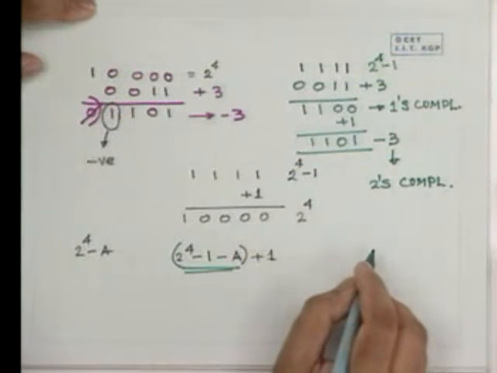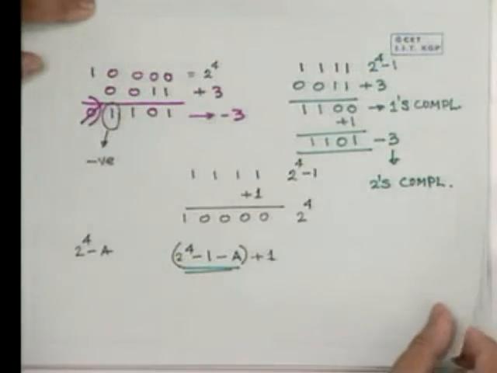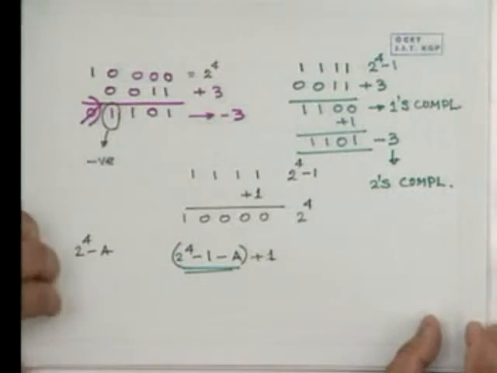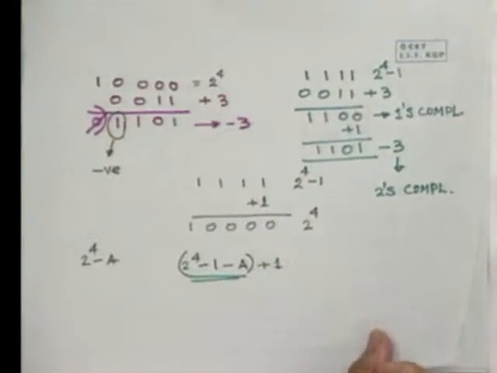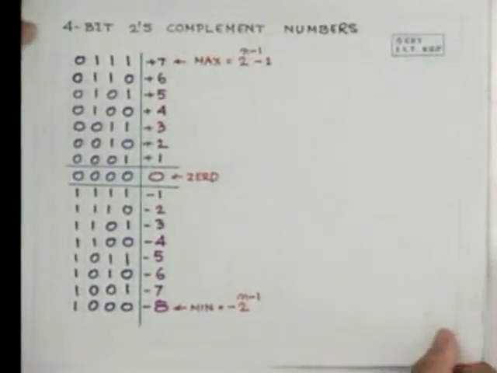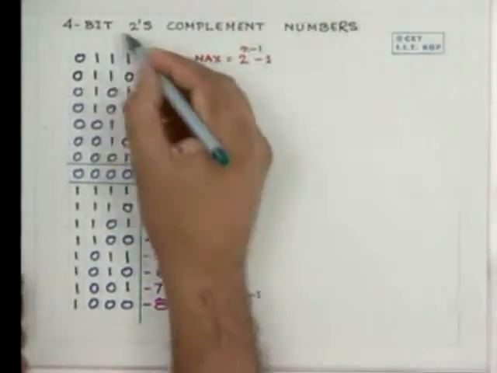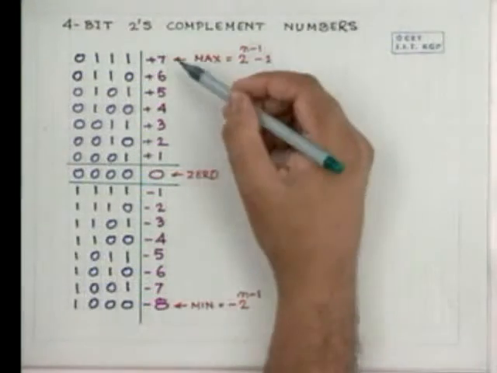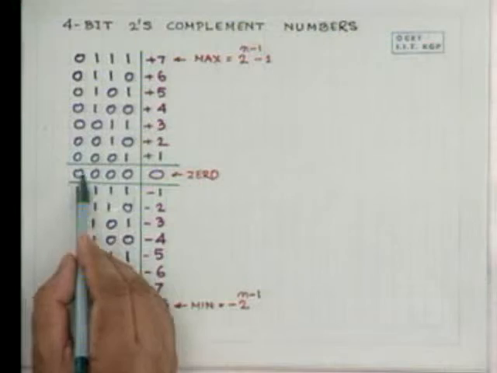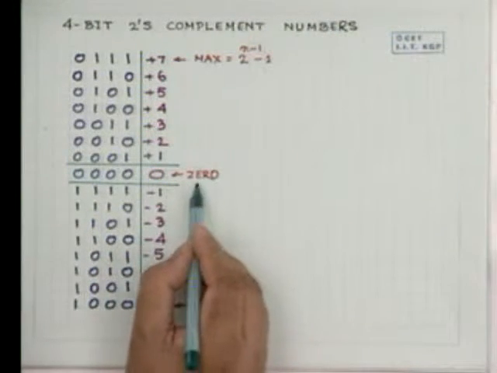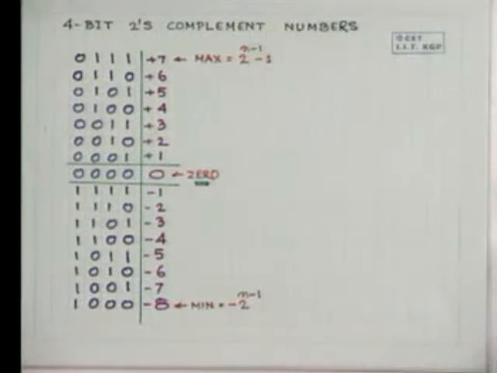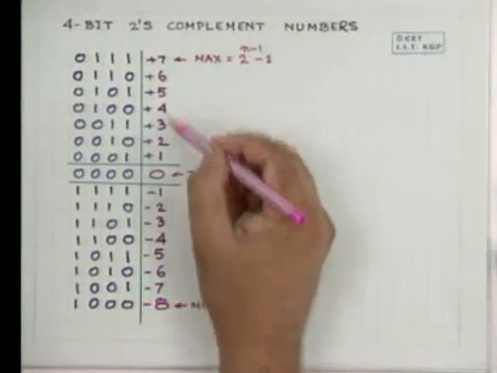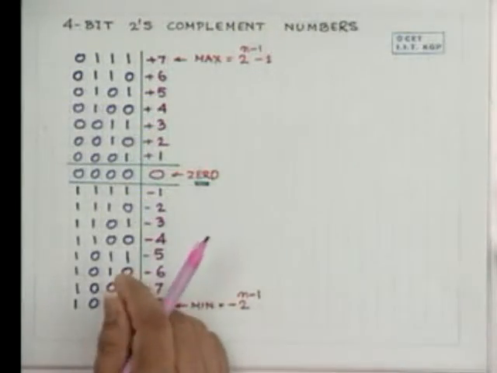That way, getting 2's complement is much easier computationally. Now, if we represent it this way, and if we take a 4-bit number system for ease of representation within this limited space, you see that these are the numbers that we can represent. This is our 0, and this is a unique 0 so far as the number representation in 2's complement form is concerned.